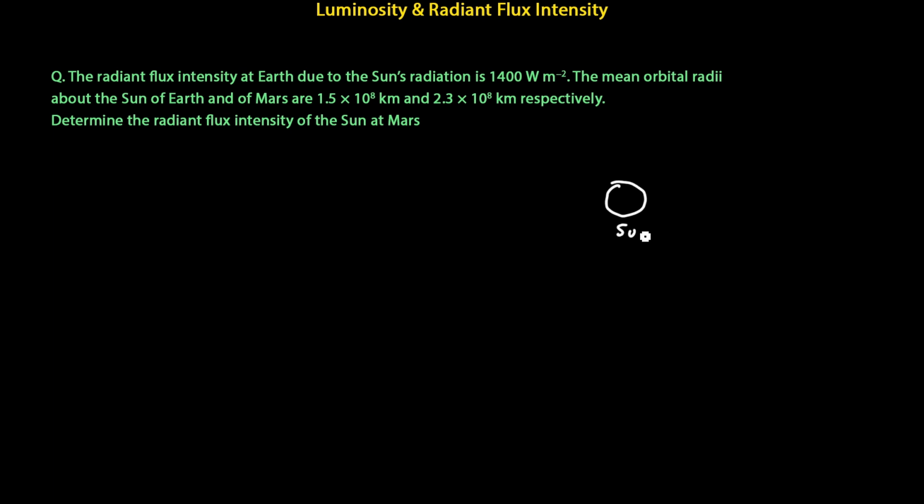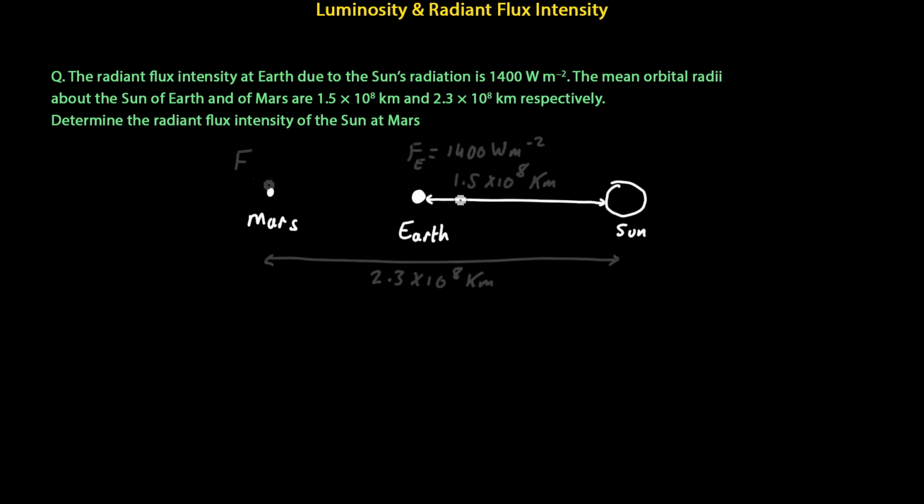The mean orbital radii about the sun of Earth and of Mars are 1.5 times 10 to the 8 kilometers and 2.3 times 10 to the 8 kilometers respectively. Determine the radiant flux intensity of the sun at Mars.